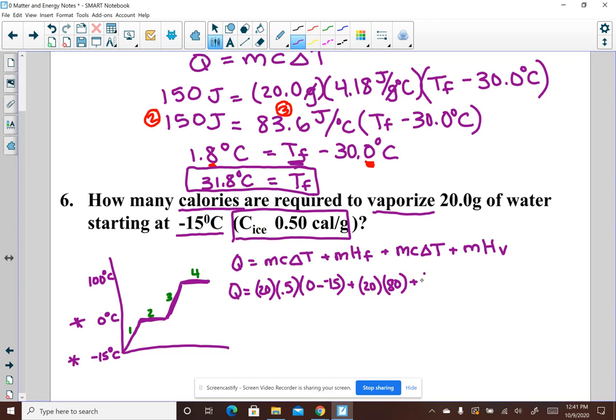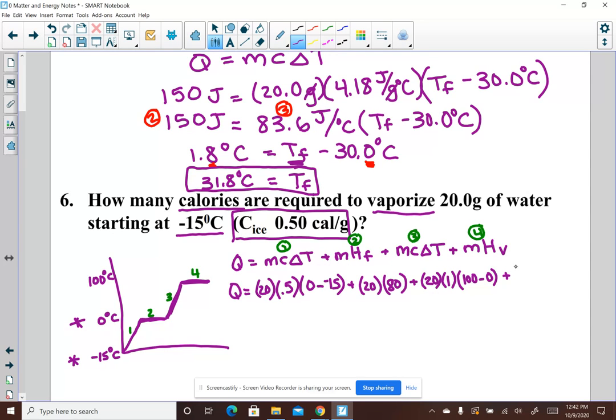All right, another mass, 20. Now, guys, for this part of the graph, water is in the liquid phase. We're talking about section 3 here. Let me number this so that we see what I'm talking about. So these numbers match up with my graph. Now that I'm in the liquid phase, I can use the specific heat of 1. And again, I'm not using 4.18 because I don't want joules. Delta T, the final temperature of that section was 100, and the initial temperature for that section was 0.